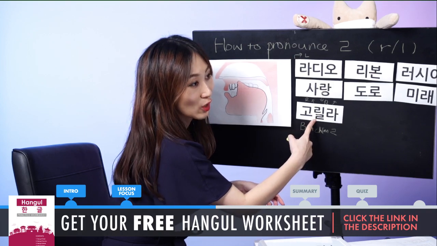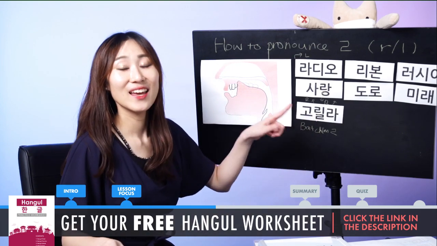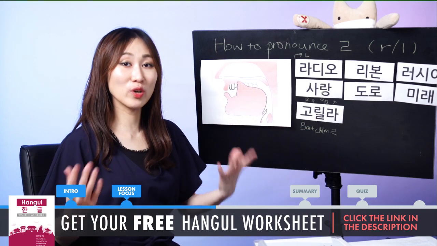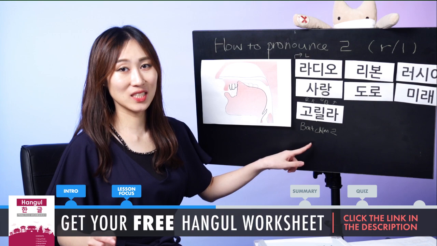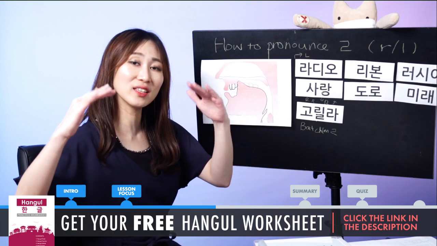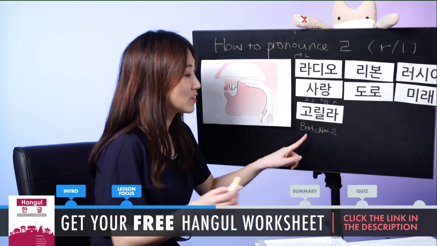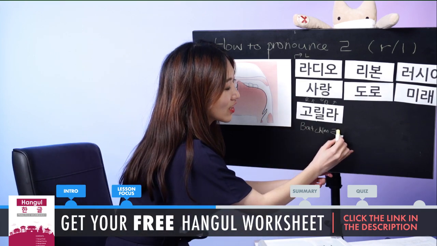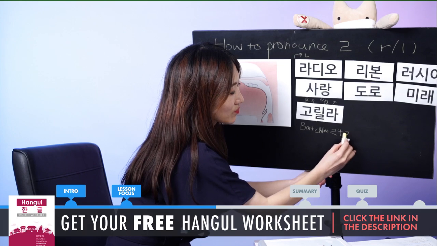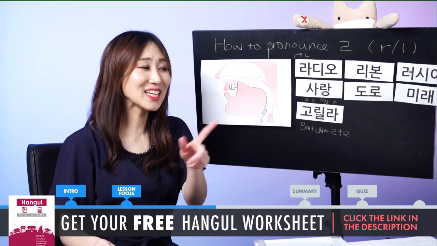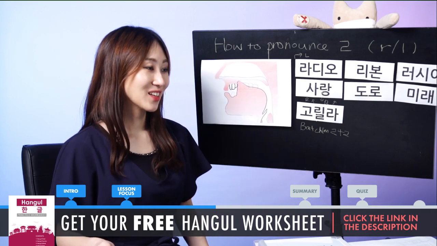It's the consonant sound located at the bottom of the letters. Again, it's a final consonant located at the bottom of the letter. If the 받침 is real and the next letter is real too, then it's pronounced as L. Kind of like gorilla.